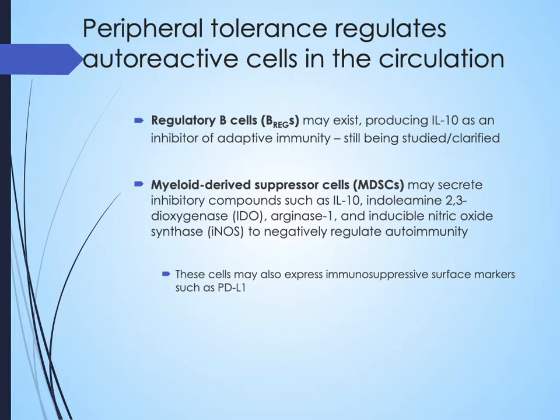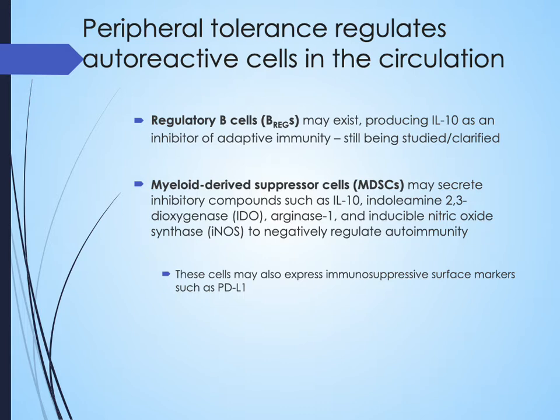There are also regulatory B cells. They do produce IL-10, and again, this is an area for additional studying and understanding their roles and how they suppress a response. And there's also myeloid-derived suppressor cells, and they can secrete IL-10 and a couple other factors, and again, they can negatively impact autoimmunity.